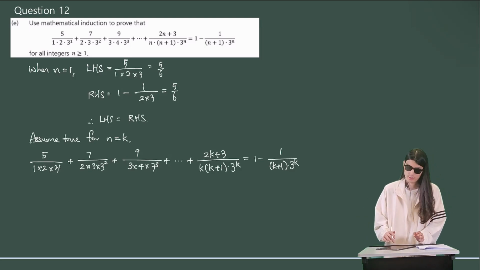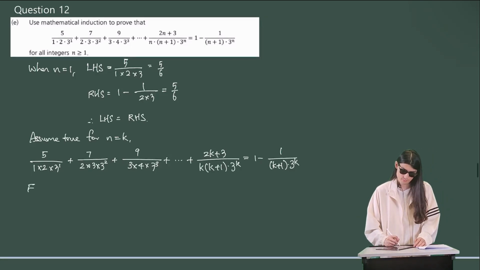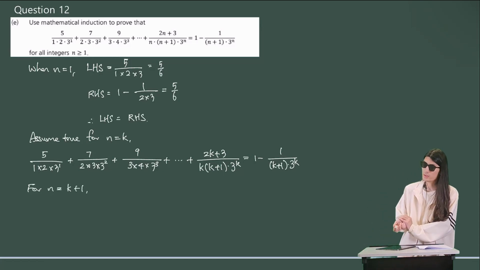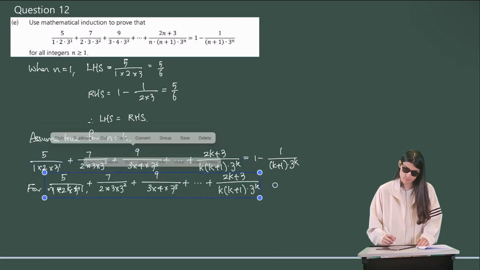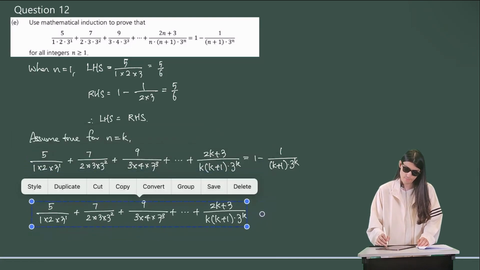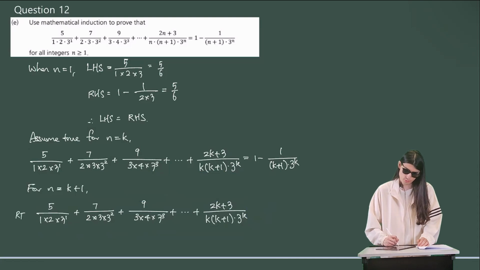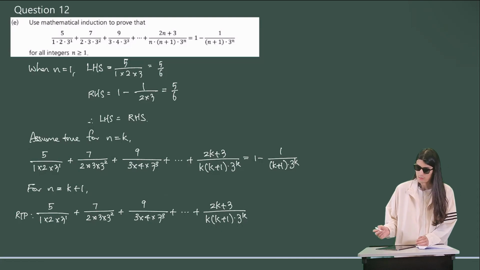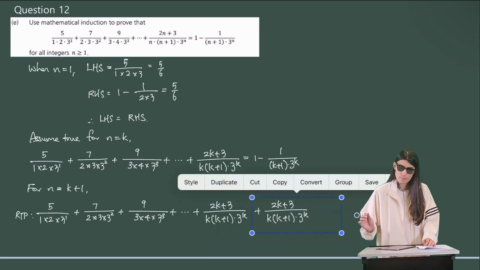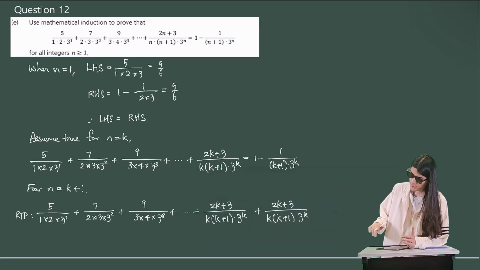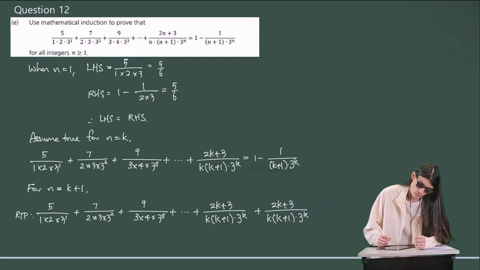And then for n equals k plus 1, we are required to prove using the assumption that all of that on the left hand side plus one more term. Plus one term when n is equal to k plus 1. So on your numerator, you would have 2k plus 5.